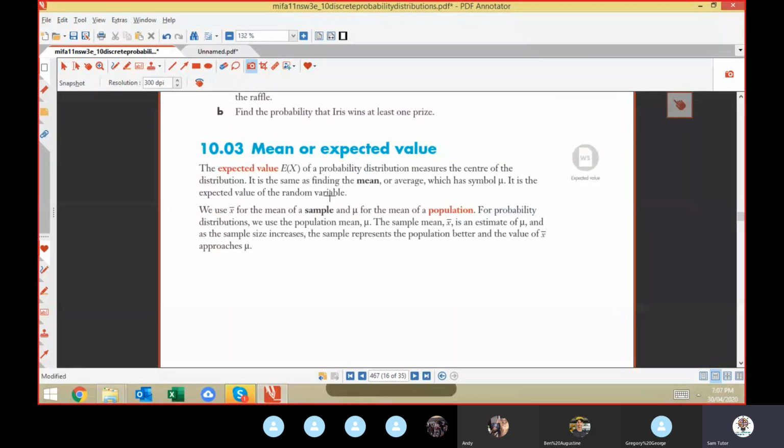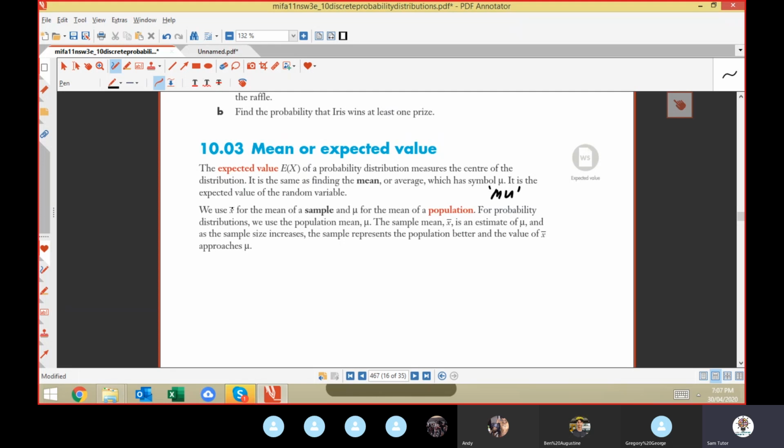It is the same as finding the mean or average, which has a symbol mu. We say it as mu. It is the expected value of the random variable. Okay? So E of x and mu or mean are the same thing.